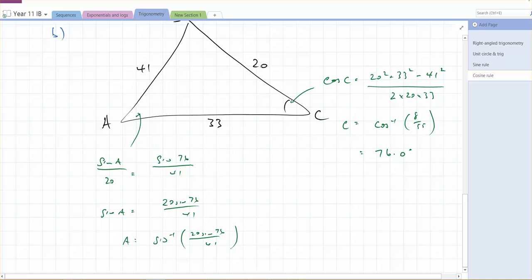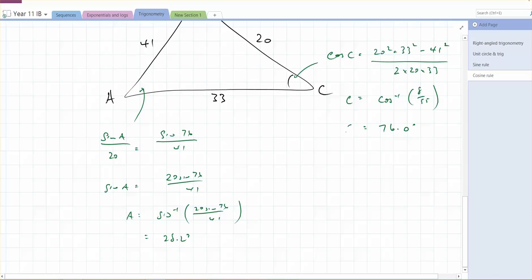So we're going to go for sine inverse 20 sine 76 divided by 41, and hit enter. That's 28.2 degrees.